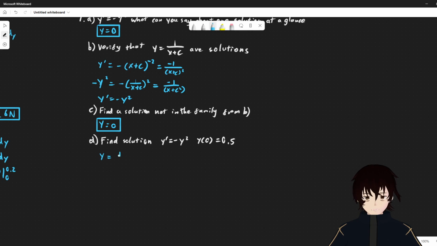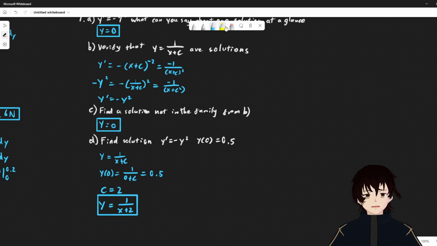Y equals 1 over x plus c, right? So y of 0 is equal to 1 over 0 plus c, which needs to equal 0.5. So c is equal to 2. Therefore, the solution is y is equal to 1 over x plus 2. Looked like a long question, but it was actually pretty easy.